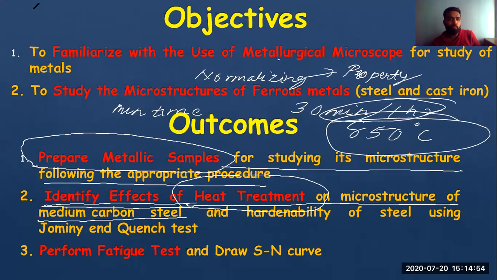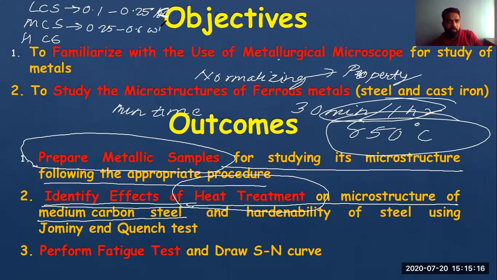I would like to inform you what is low carbon steel, LCS, what is medium carbon steel, and what is high carbon steel. If the carbon percentage is from 0.1 to 0.25% carbon, we call it low carbon steel. If it is ranging from 0.25 to 0.6 weight% carbon, we call it medium carbon steel. And if it varies from 0.6 to 1.5 weight% carbon, we call it high carbon steel.